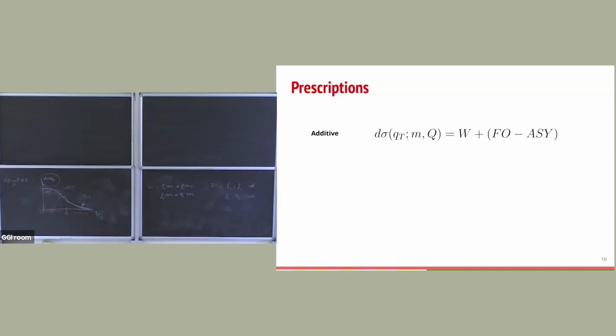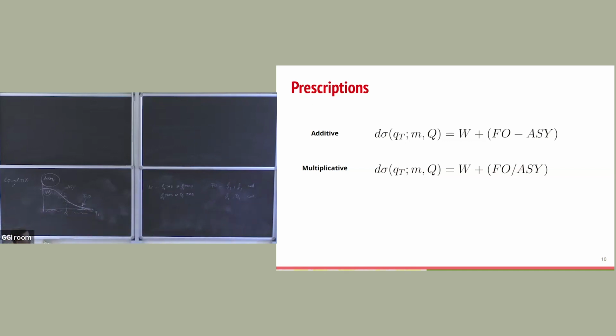So another way to combine these three ingredients is the so-called multiplicative prescription. Instead of taking the difference between fixed order and asymptotic, you take the ratio between, sorry, there is a typo here. Forget about the plus. Should be a multiplication, okay. I will correct it after the session.